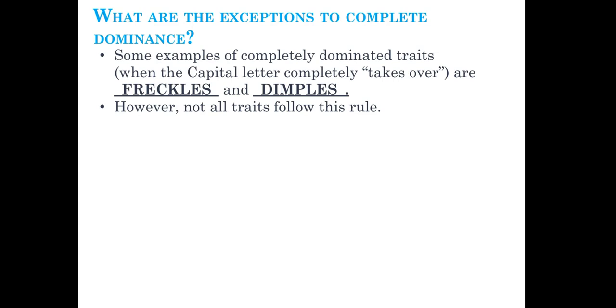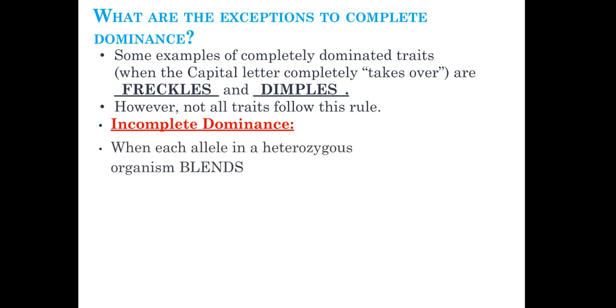But look at all of the other types of traits that you have that aren't necessarily just this or that, where it doesn't follow that rule. Let's go back to Mendel and his pea pod plants and talk about flowers a little bit more. Incomplete dominance is when the alleles in a heterozygous organism blend.